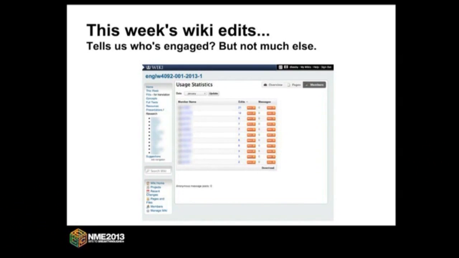But you can use very simple data in a course website. So this is a picture of an English wiki that's going on right now. I've obscured the names to protect the innocent. But it's a Beowulf translation wiki, and the students are in the thick of it right now. Now, someone made 21 edits in the wiki this week. Someone else made 2 edits.